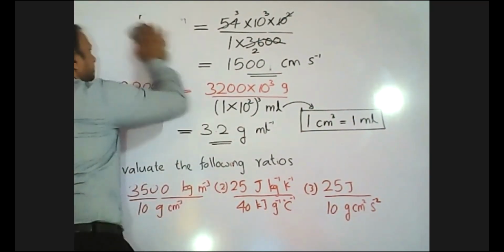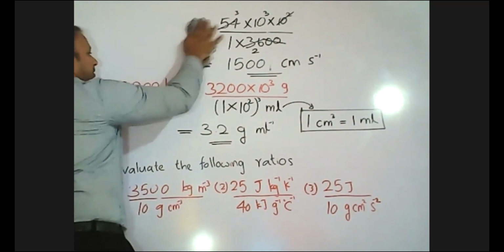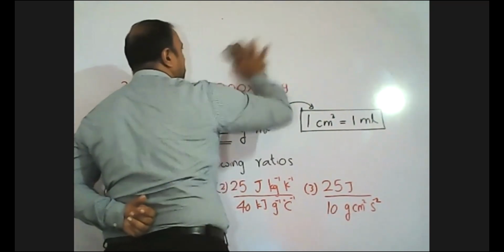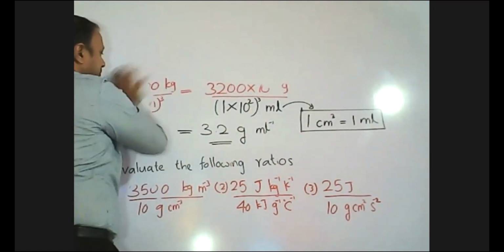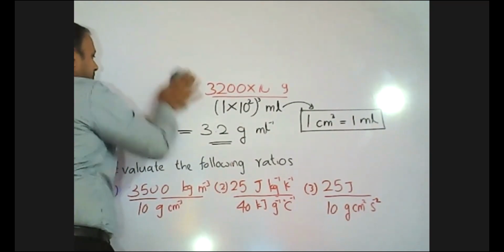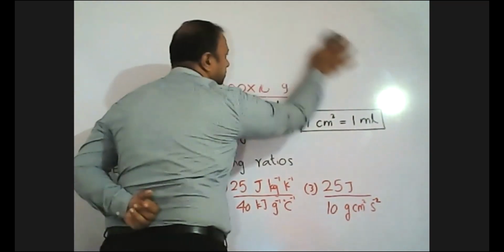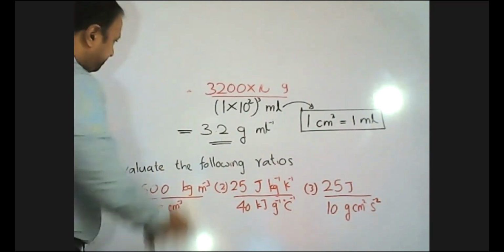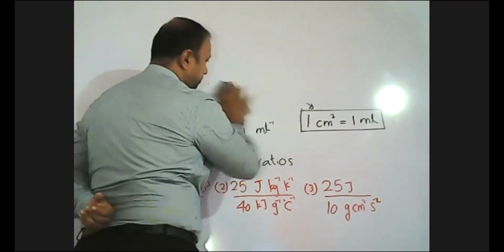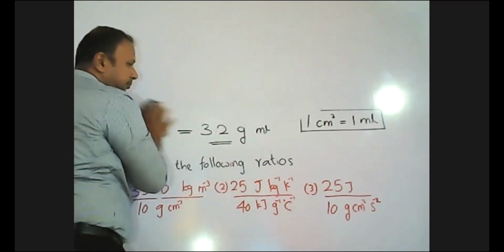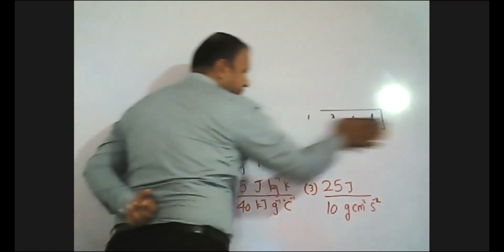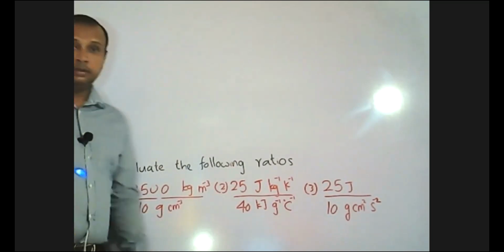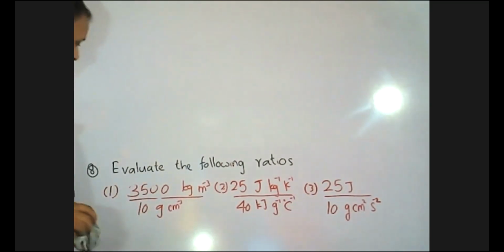Okay. Shall we move to the next question? Shall we move to the next question? 3,500 ratios.